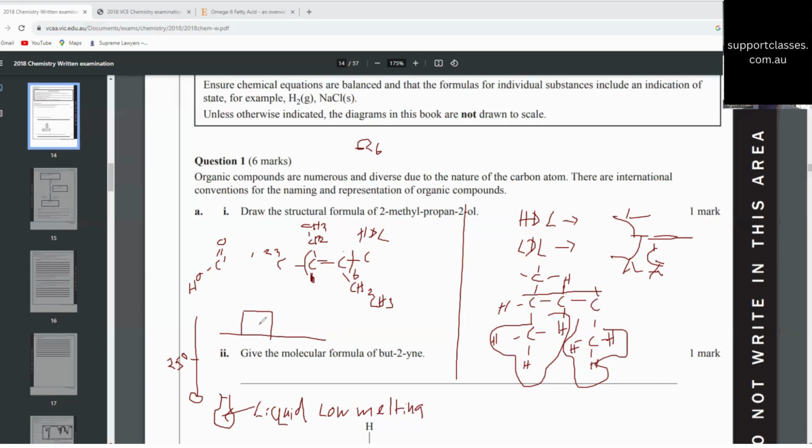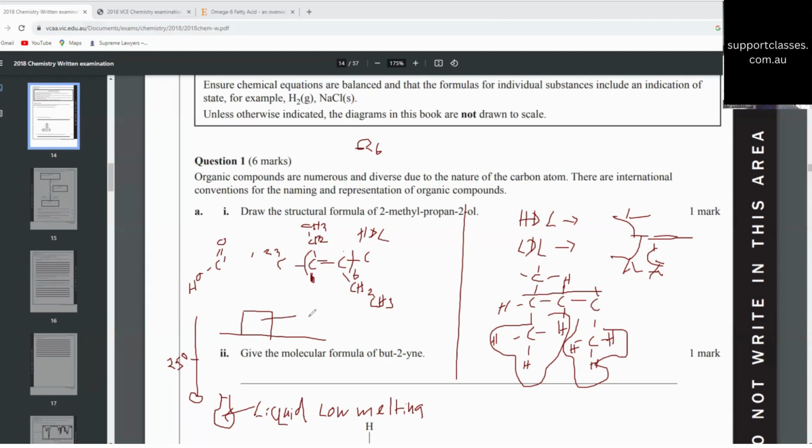They are fully saturated. That is the difference: high melting points in saturated fats, low melting points in unsaturated fats.